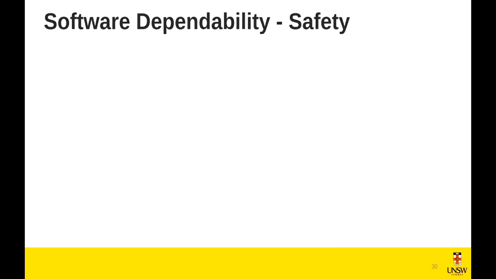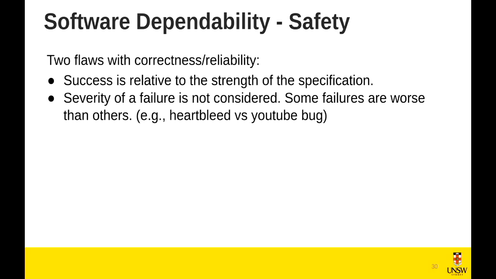And the third property is called safety. So there are actually 2 flaws with correctness and reliability. The first flaw is that the success of correctness and reliability depends on the strength of the specification.